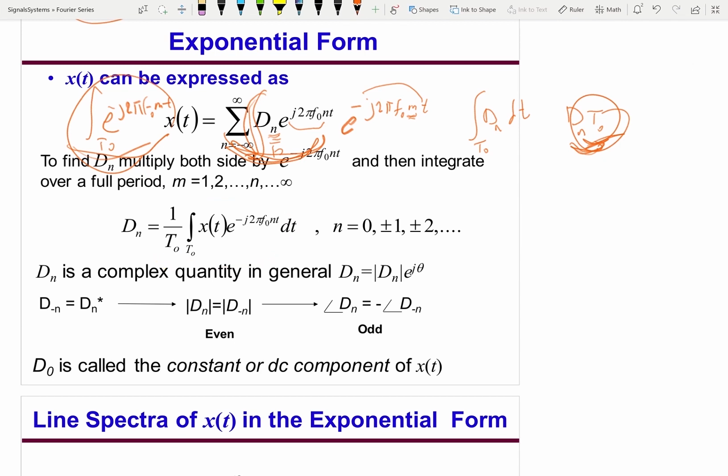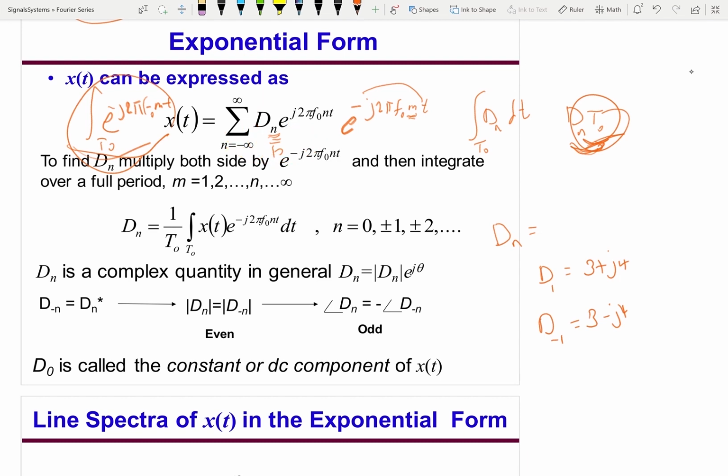To find Dn, you take the periodic signal x of t, multiply it by this exponential, integrate over a full period, and average it. You divide by T0, and you find Dn. Most of the time, Dn will be a complex value. For example, D1 could be 3 plus j4. Then D minus 1 will be the conjugate of this, 3 minus j4. Why?